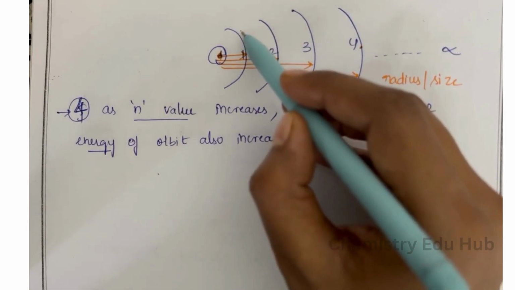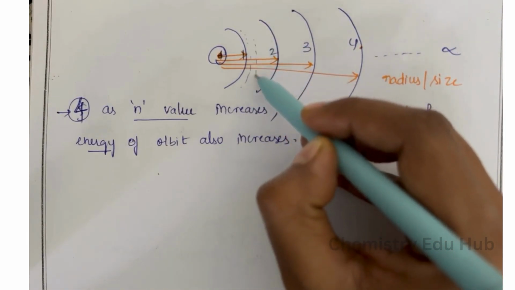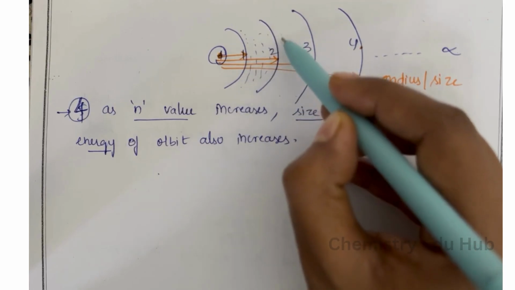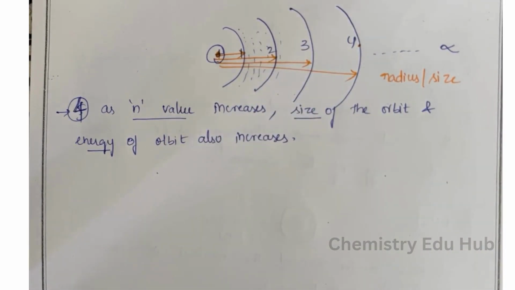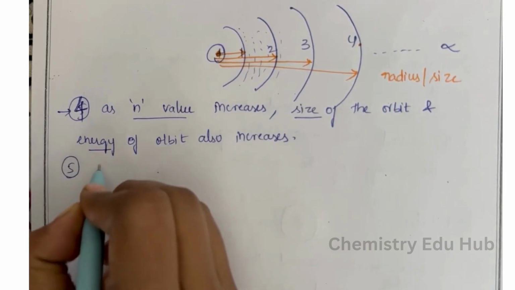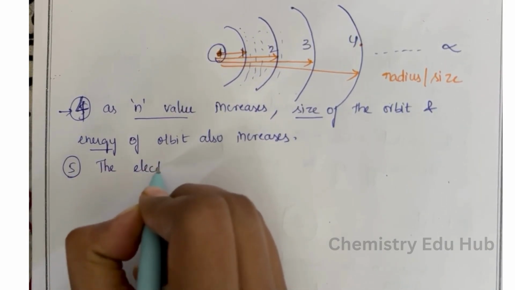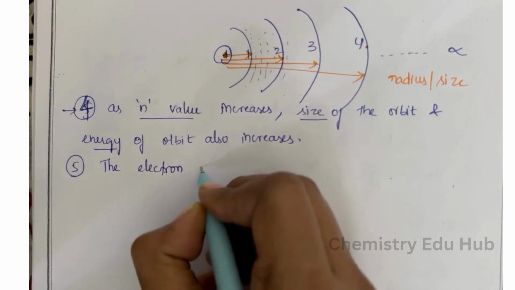There can be any number of orbits possible around the nucleus in between 1, 2, 3 and 4, but the electron revolves only in those orbits.